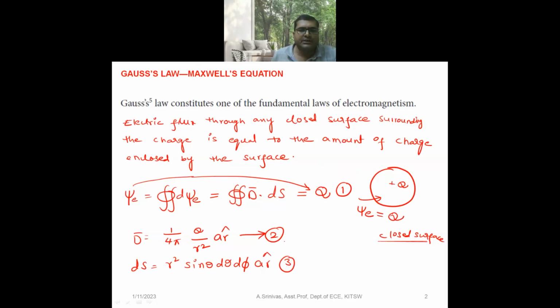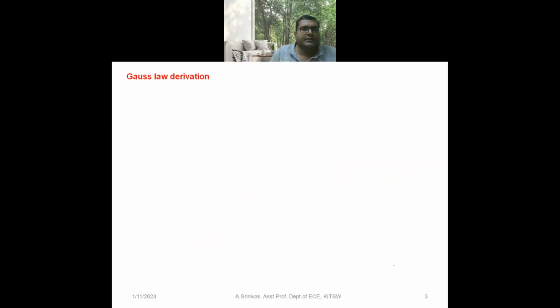To prove the statement of Gauss law, you are supposed to remember equations 2 and 3, where the value of D is derived from epsilon E. The general equation for electric field is already given in the earlier lectures.